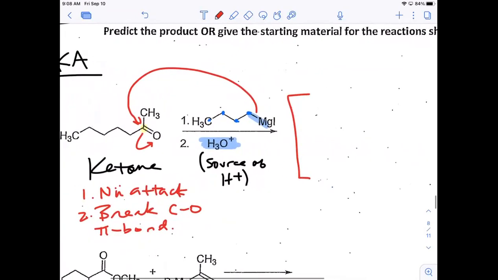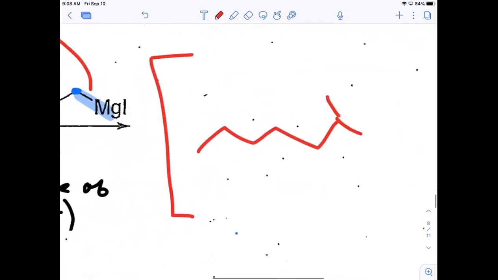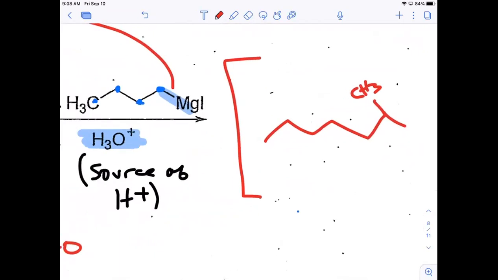So many carbons, 1, 2, 3. So this is what my intermediate is going to look like. I want to draw, so that CH3 is still there. And I got 1, 2, 3, 4 carbons there.